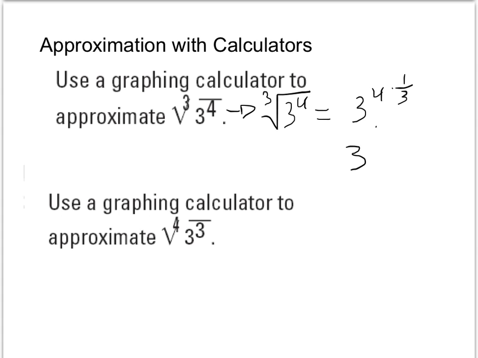So that's the same as writing 3 to the 4 over 3. And if we punch that into our calculators, we see that we get about 4.3. So sometimes you need to use your calculators to solve some of these.